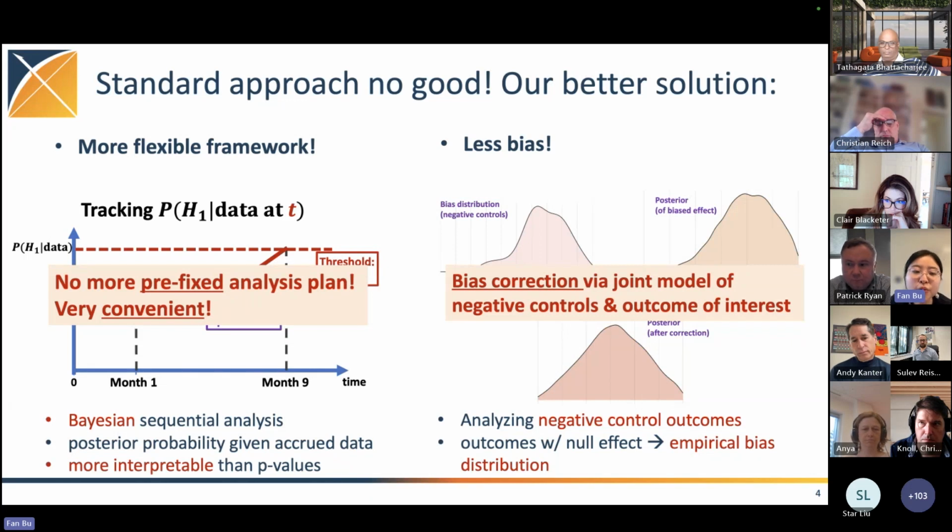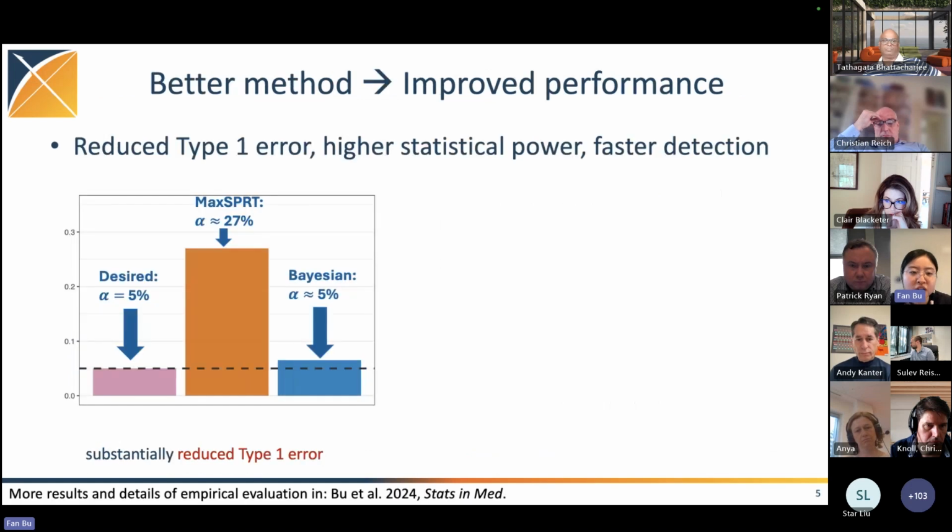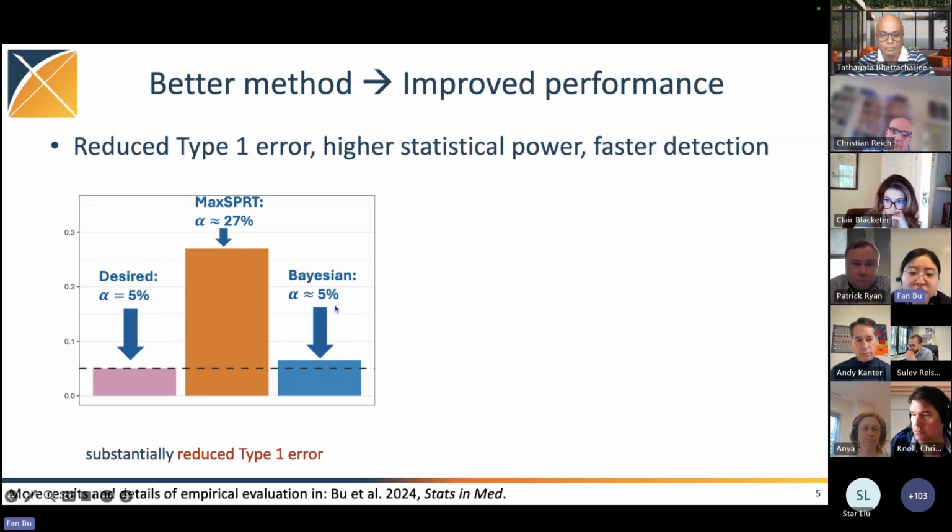In our paper, we have done a large set of empirical evaluation experiments to compare the properties of our method against the standard method MaxSPRT. Going back to the type 1 error rate chart that I showed you previously, in this example, our Bayesian adaptive bias correction method is able to bring down the empirical type 1 error rate to a level that is very close to the nominal desired level, which is everyone's favorite, alpha equals 5%.